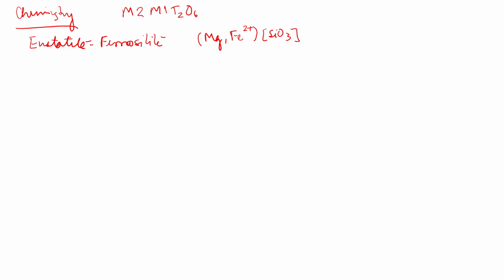So the pure enstatite occurs as orthoenstatite and protoenstatite with orthorhombic symmetry, and clinoenstatite with a monoclinic symmetry. Okay, so remember this, that pure enstatite can occur as an orthopyroxene, OPX, in the form of orthoenstatite as well as protoenstatite.